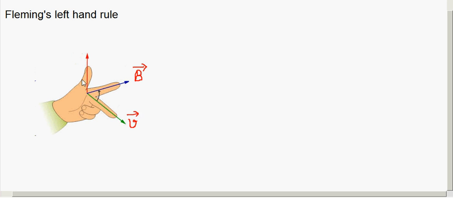Now take your left hand, stretch the first three fingers mutually perpendicular to each other in such a way that the forefinger is in the direction of the field and the middle finger shows the direction of the velocity. Then your thumb gives the direction of the force.